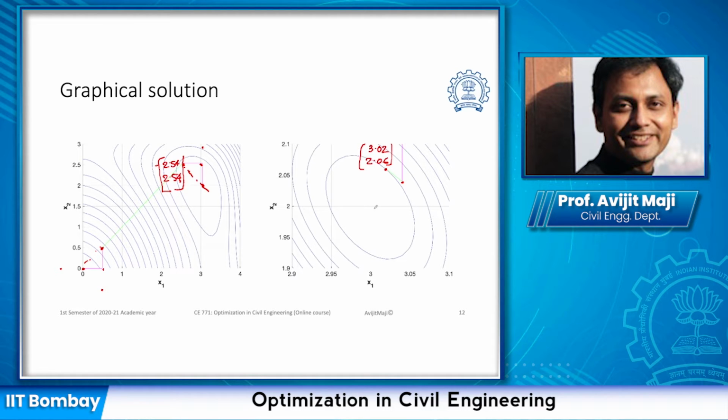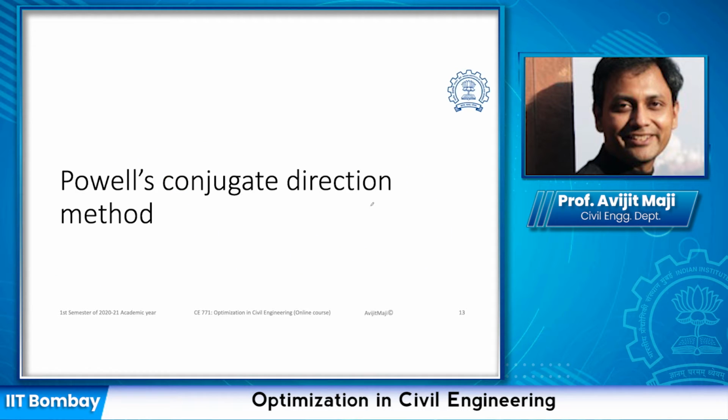The other method which we had indicated was the Powell's conjugate direction method. Now in the Hooke-Jeeves method, we saw that we are going along the variable direction. So the variables are dictating how the directions are going to be chosen, and these directions are always going to be orthogonal. This method actually did not evaluate any other direction other than the orthogonal direction.